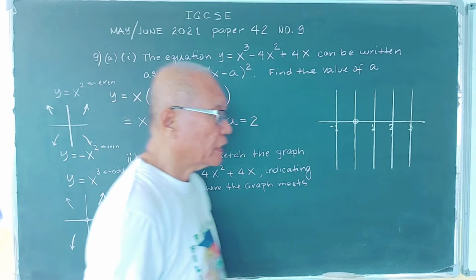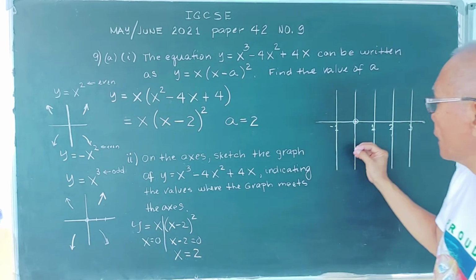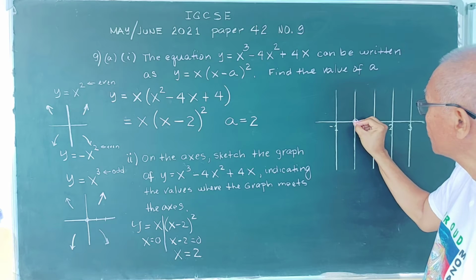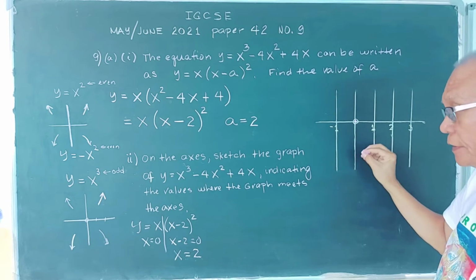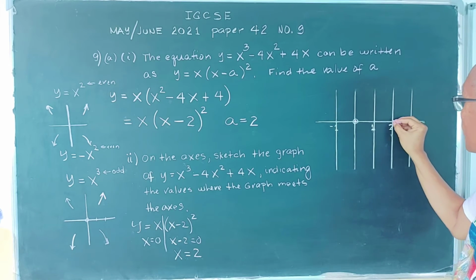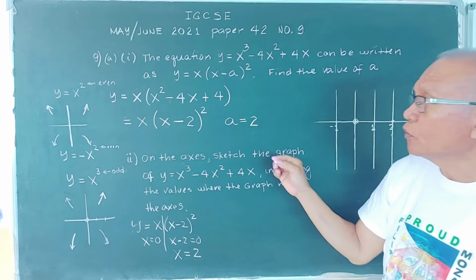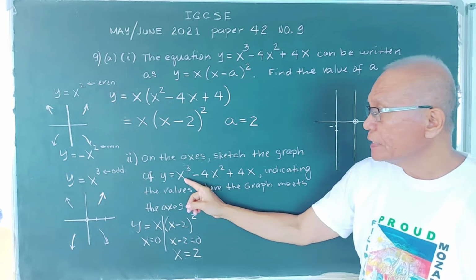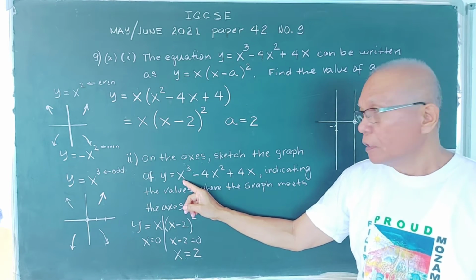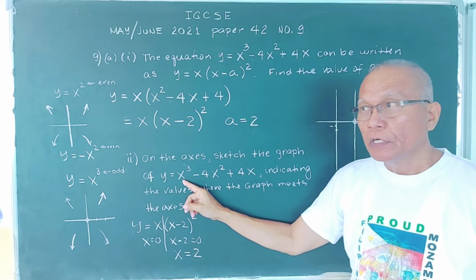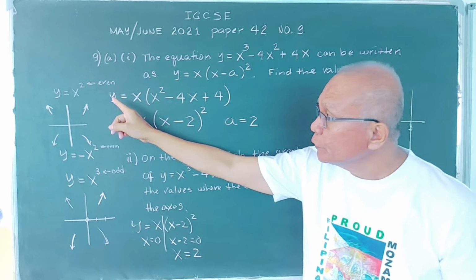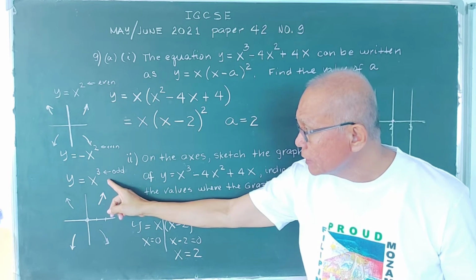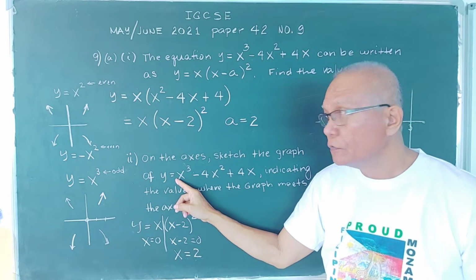So where is that in our graph? Our curve will pass, bounce, or slide here and on the 2 here. What's the order of this one? This one is cubed, 3. So it is a cube exponent, and this one is positive.